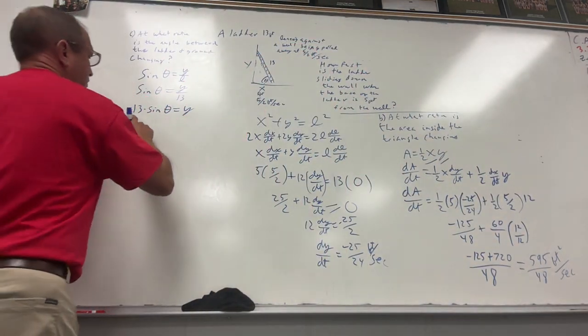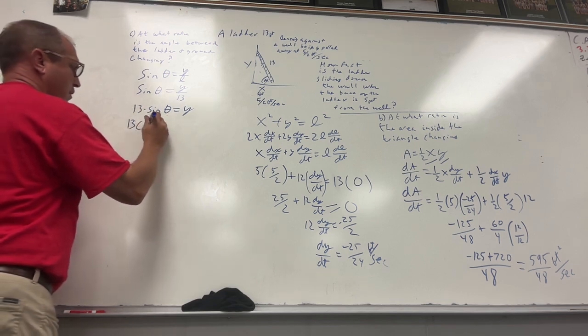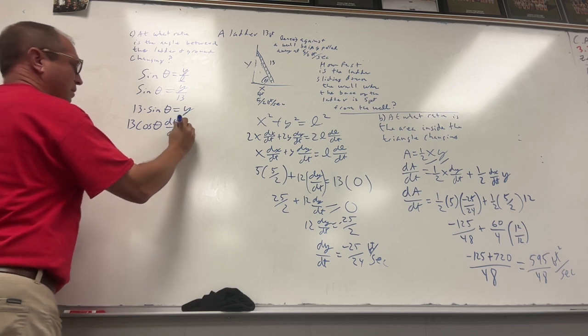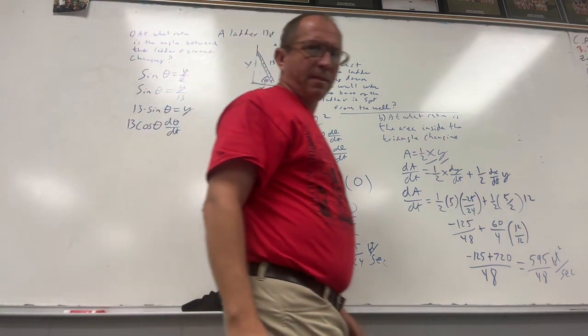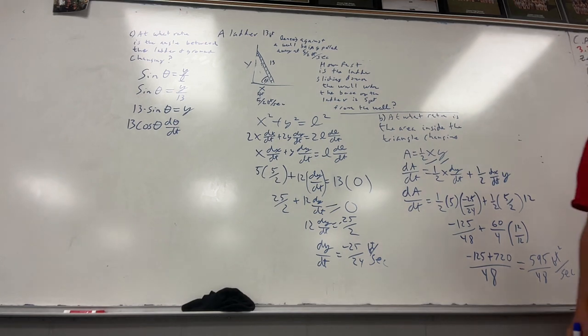All right, so let's go ahead and differentiate this one with respect to time. So the derivative of 13 sine theta would be 13 cosine theta d theta dt. Are y'all good with that? Okay.